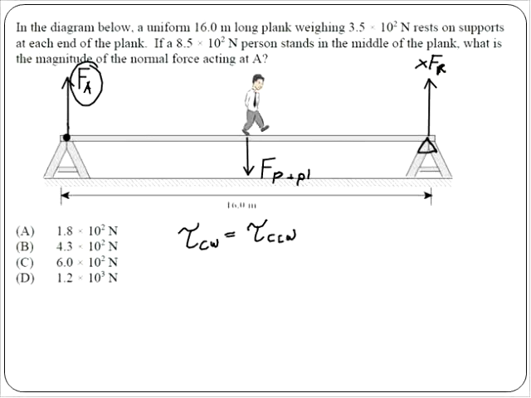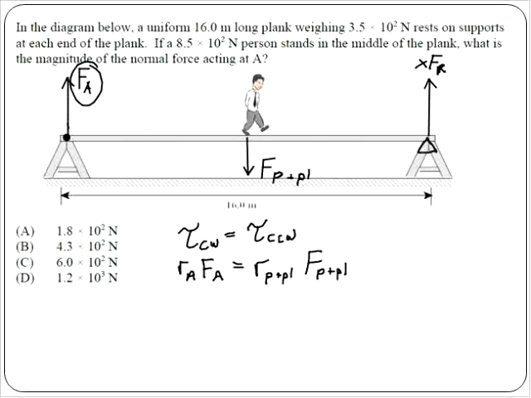So RA times FA, that's your clockwise. Your counterclockwise is the other one, the person and the plank, so I'm going to say P plus PL. The reason I can combine them like that is because they're both in the same location. If they weren't, I'd have to keep them separate.